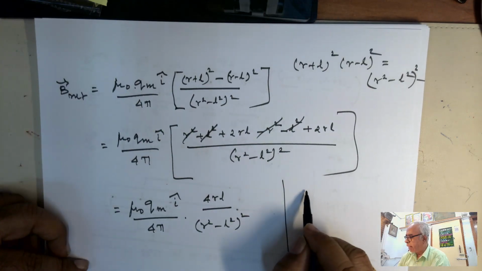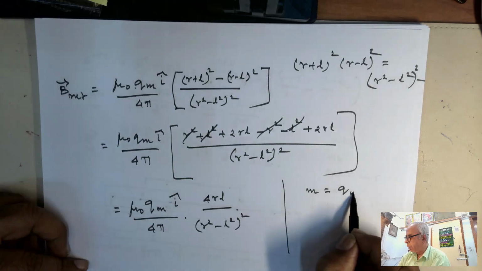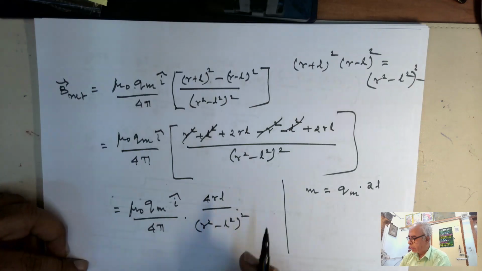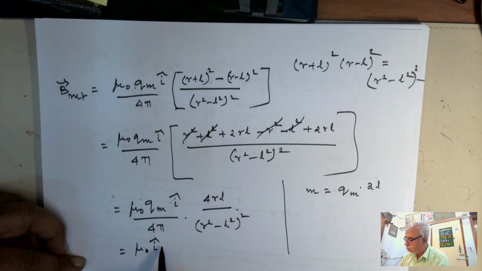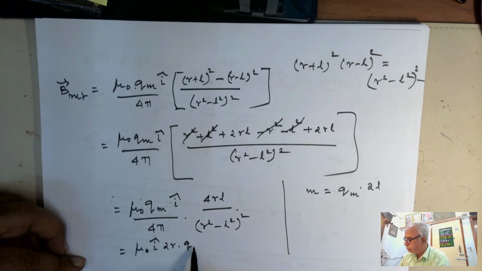Now, what is the magnetic dipole moment? Qm into 2L. So we can replace this. So let us expand mu naught, then I cap, and then 2R in time splitting this Qm into 2L.